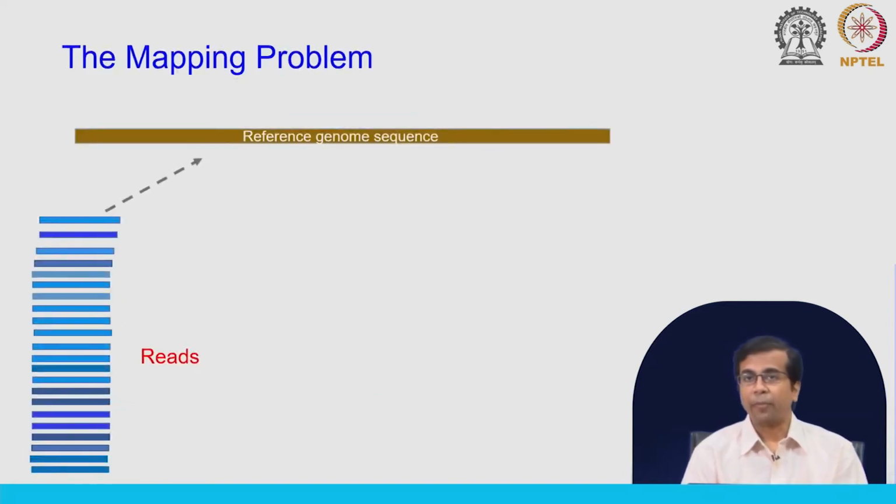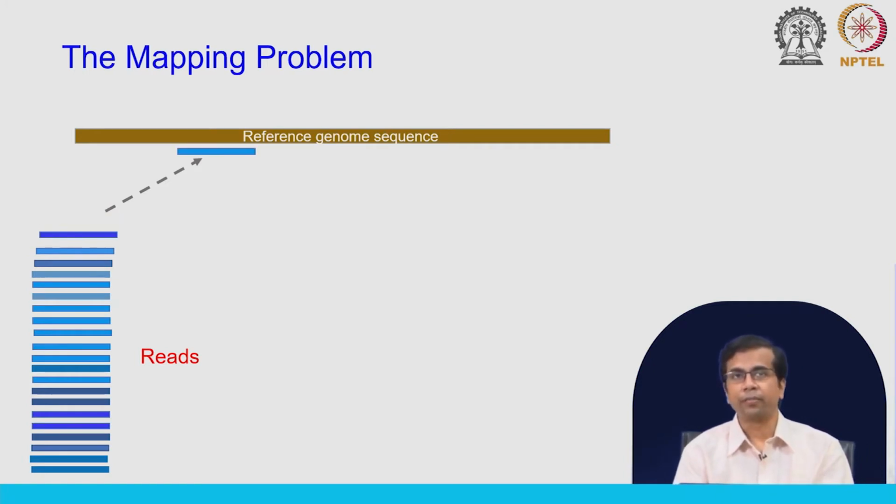Okay, so, the mapping problem, just to remind you. You have this stack of reads on the left, you can see, and the goal is to identify where these reads come from in the reference genome. So, whether these reads come from chromosome 1, chromosome 5, chromosome 10 etcetera, that is the goal of this mapping. For example, if we look at this schematic or animation, we have this read and we found a match in this position in this reference sequence, and this is the mapping that is done.